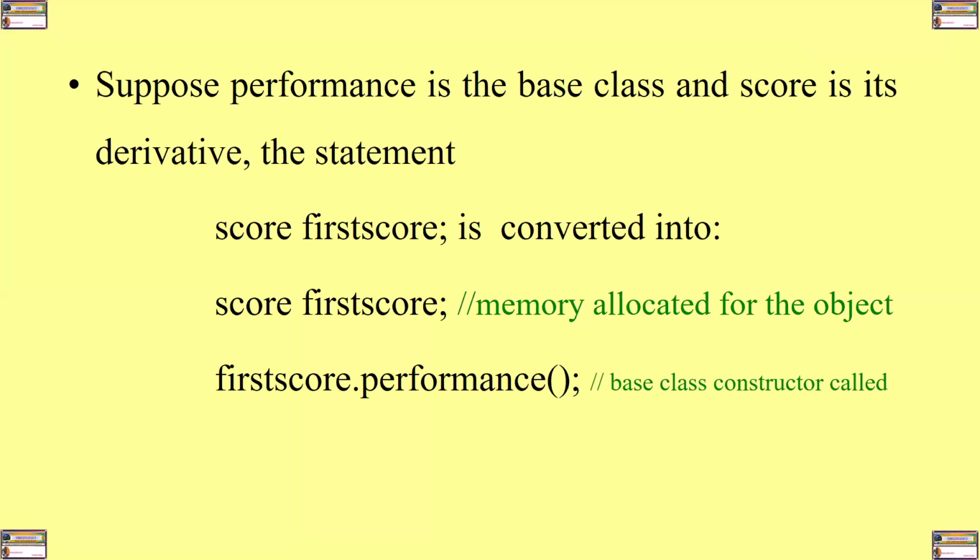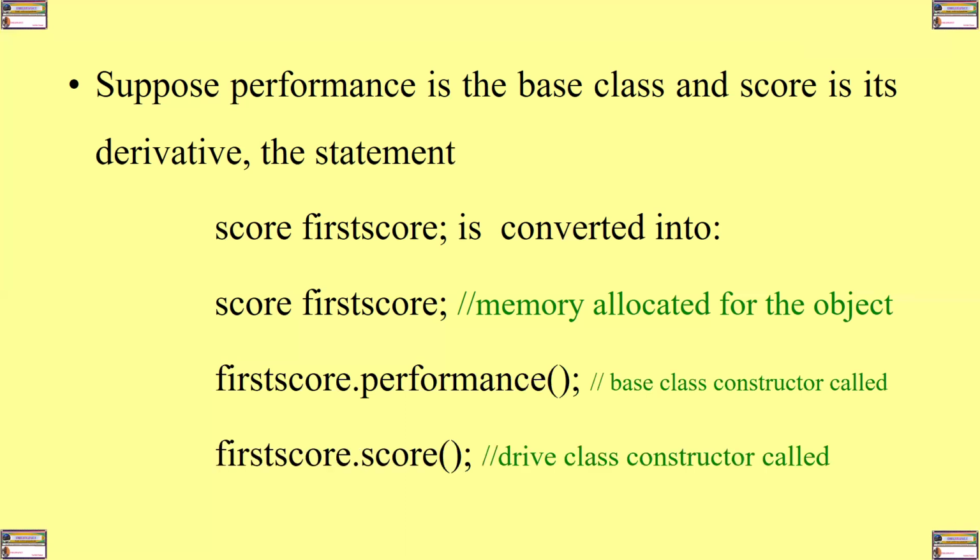So simply, if you have a base class called Performance, then the constructor for it, which is by the name Performance, can be called using a statement, as you can see. That is the object for the class, followed by dot, the name of the function, that is Performance.